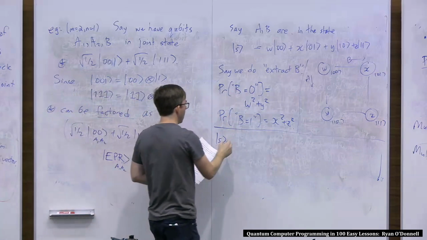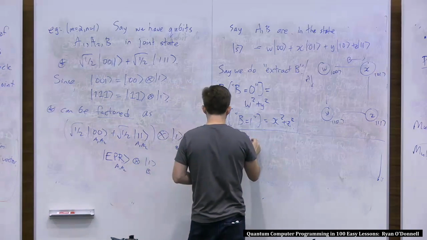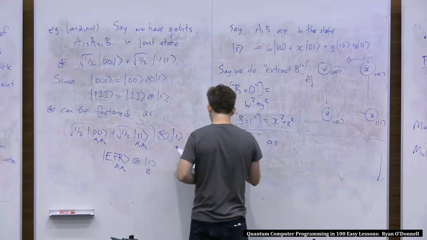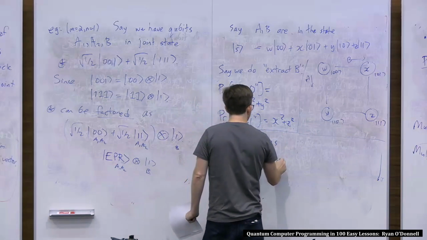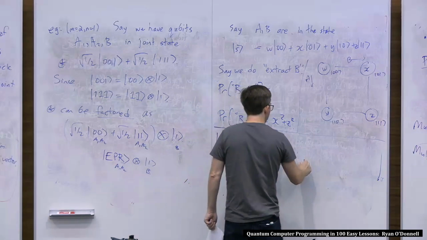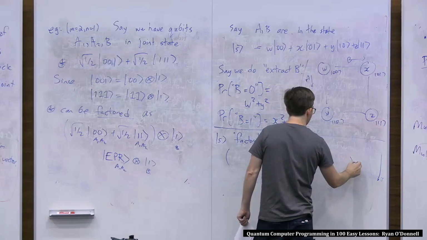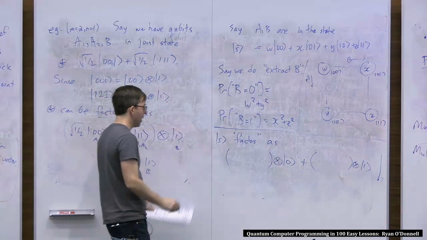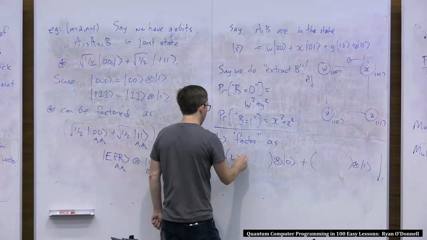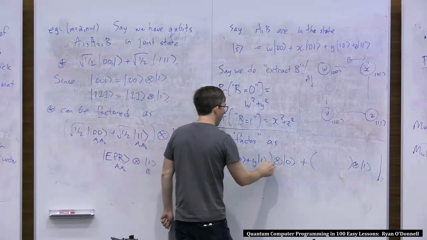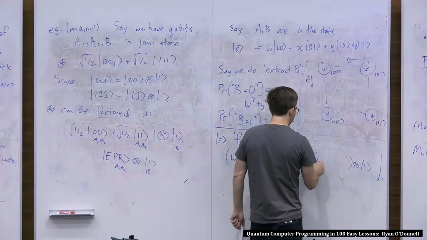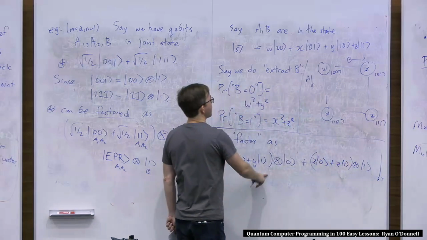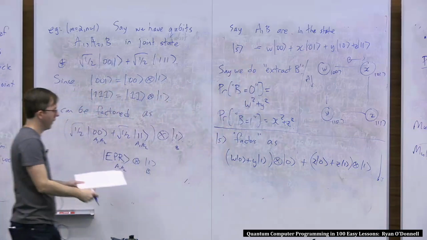So what I mean is we can say that S factors, in some sense, as something tensor 0 plus something tensor 1. And the something here is W0 plus Y1, and then X0 plus Z1. Okay, so if you expand this out, you should get this.